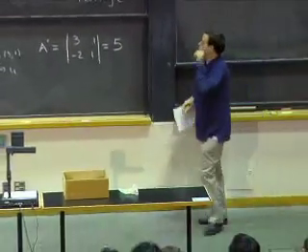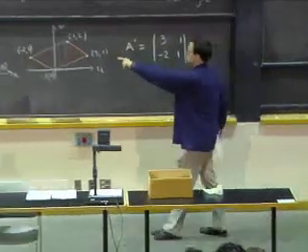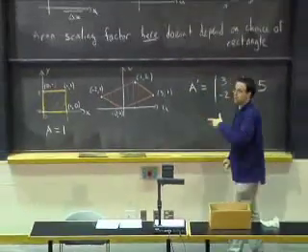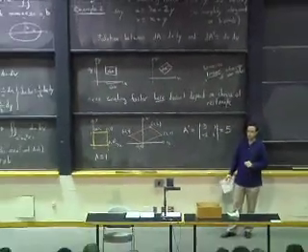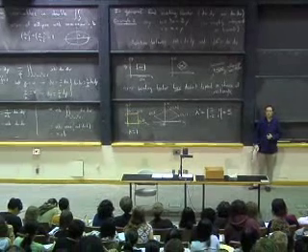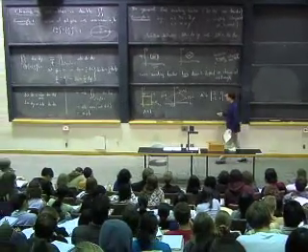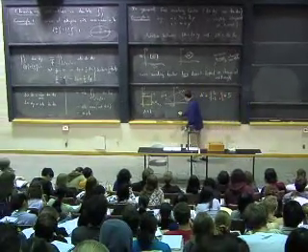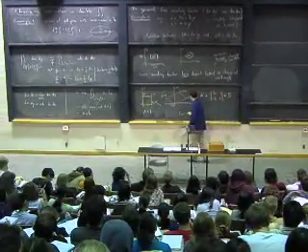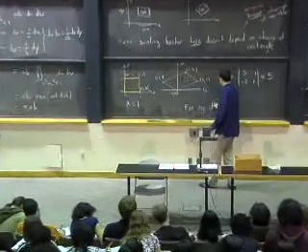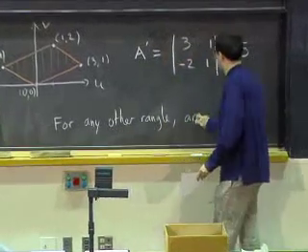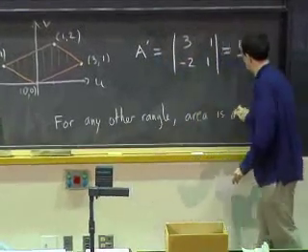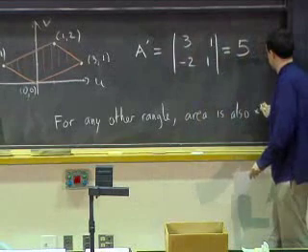Okay, and if you do the same calculations, not with 0 and 1, but with x and x plus delta x and so on, you will still find that the area has been multiplied by 5. So that tells us, actually, for any rectangle, area is also multiplied by 5.